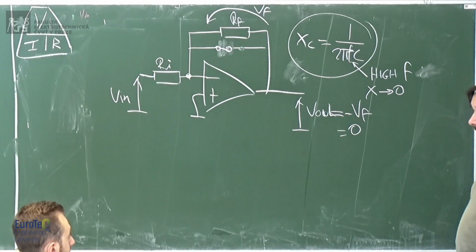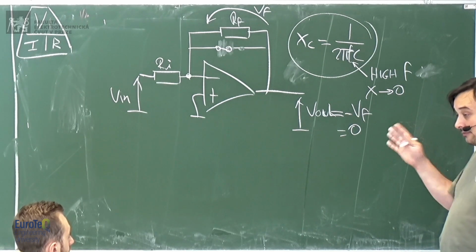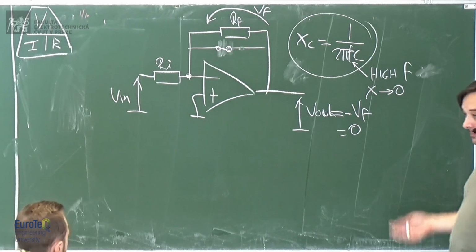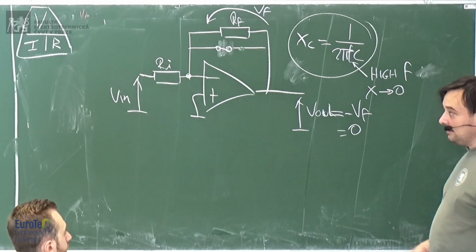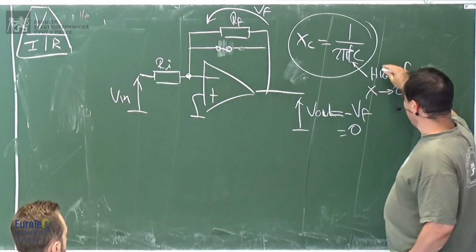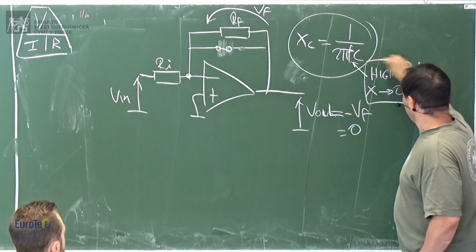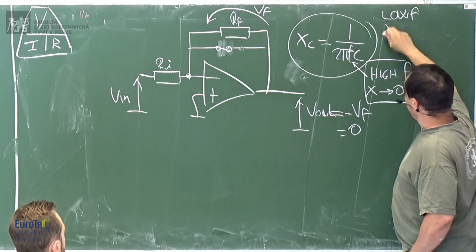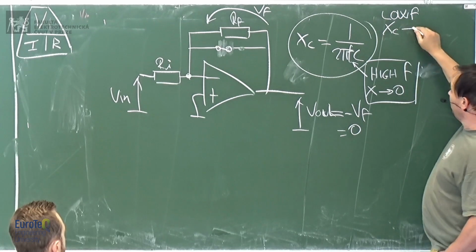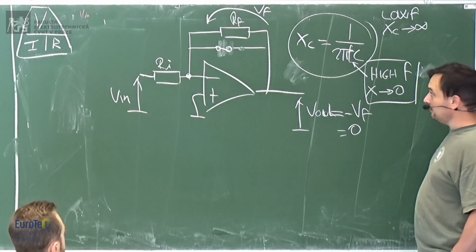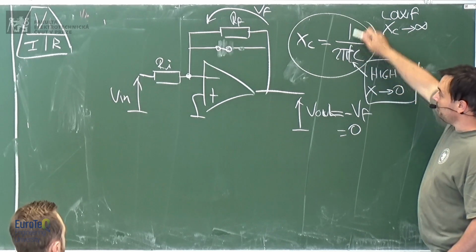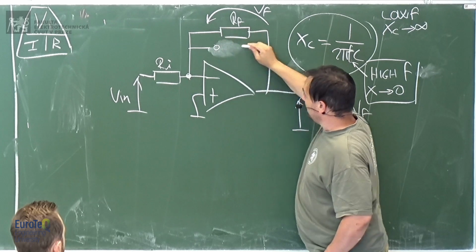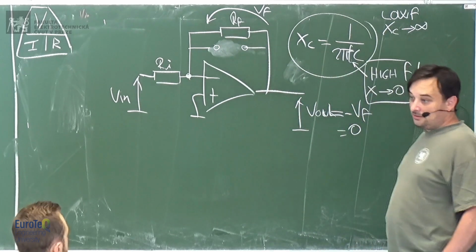So it's a low-pass filter, which cuts away the high frequency. If you have low frequency, then X is going to be infinite, because if you have 0 here, this is infinite. So it's like an open circuit, and nothing changes.